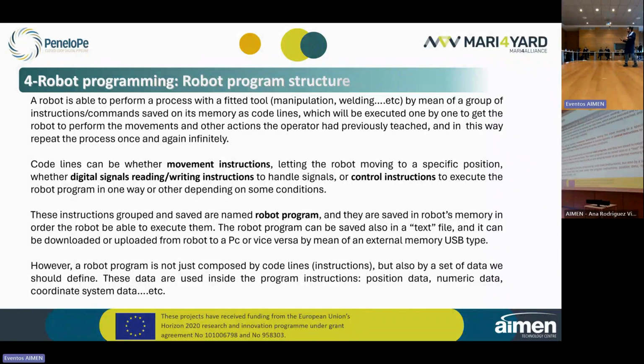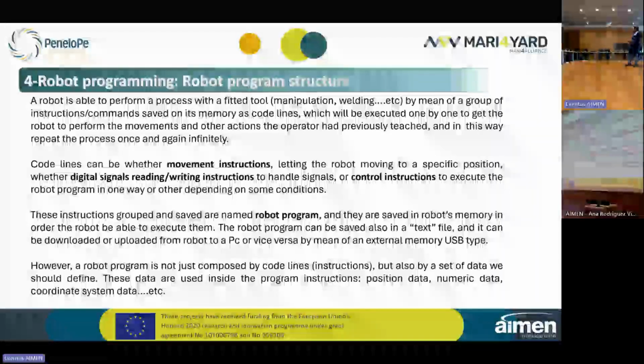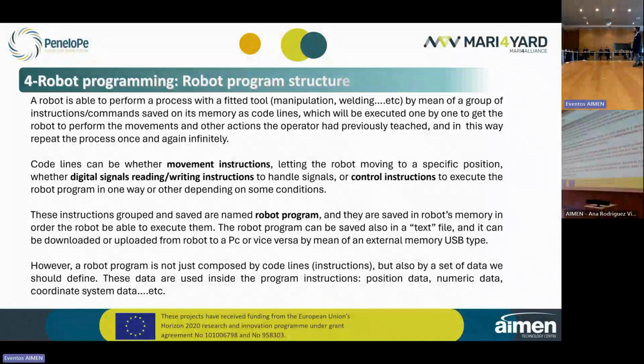For example, when moving two robots working together in the same space, coordinated without any collision, we need these digital inputs, or maybe sometimes analog signals. And of course, nowadays we are starting to use communications more and more by means of Ethernet connections, by sockets protocol connections.